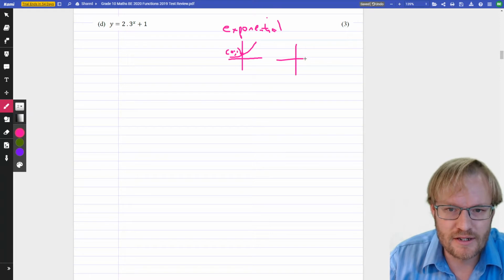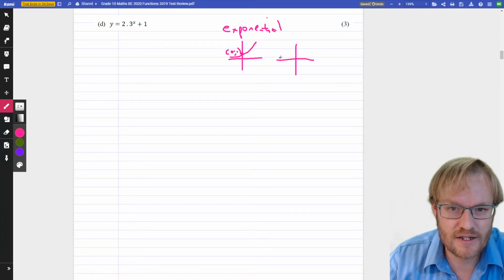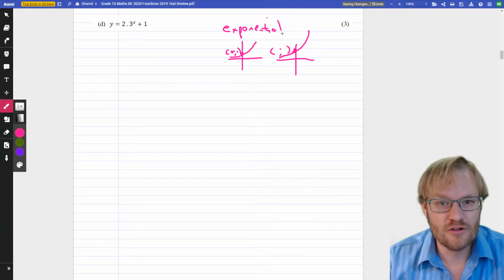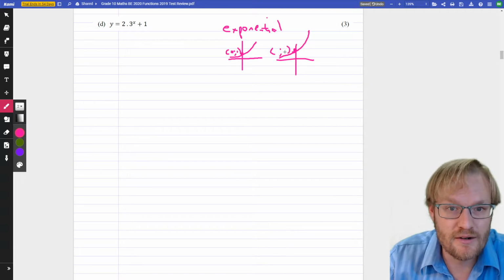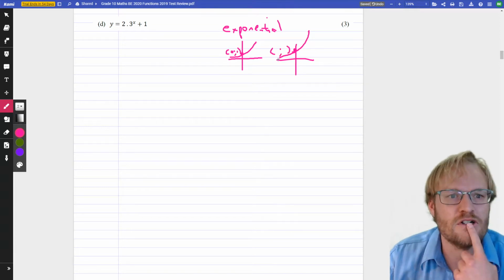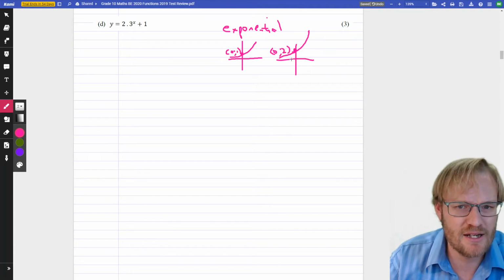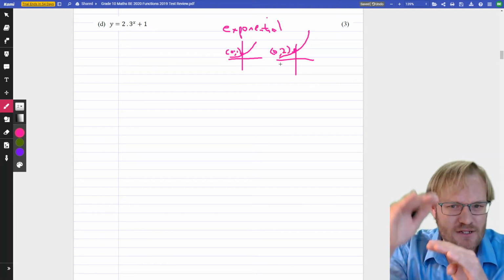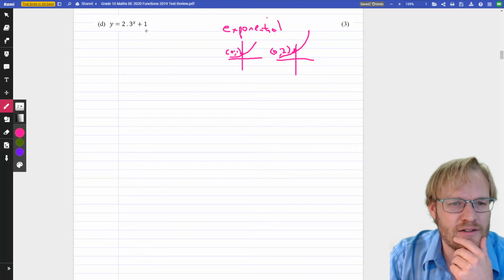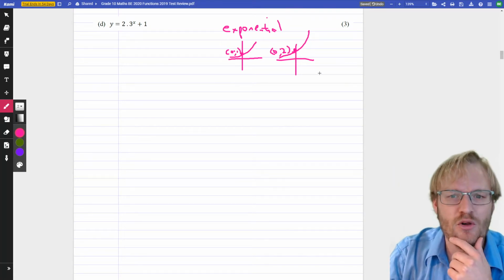So this has been stretched from the x-axis, so it's stretched up. If your output's been multiplied by 2, it's moved up here. So instead of at 1, it must be sitting at 2, the point 0, 2. We don't need these exact numbers, but just think of that process. It's been stretched up. And then the plus 1 has said, let's move this whole thing up by 1.